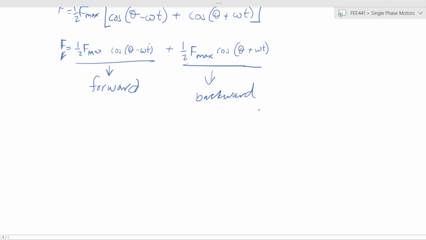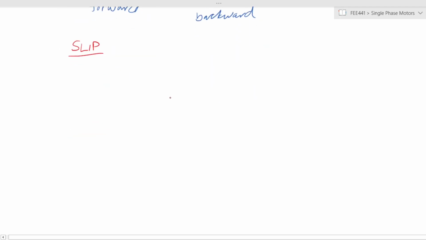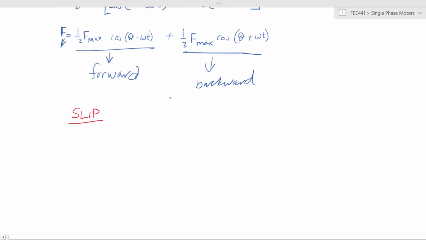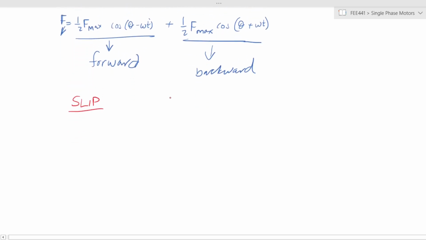Now let's look at a familiar term that has already been brought up in three-phase induction motors. And let's look at the slip of the single-phase induction motor. So let's assume we have a rotor here, and that rotor is rotating in a given direction.